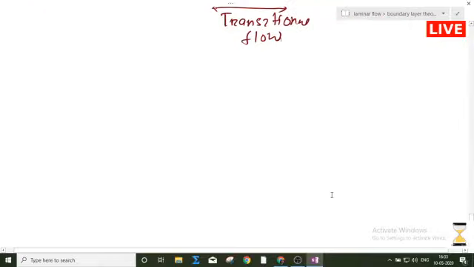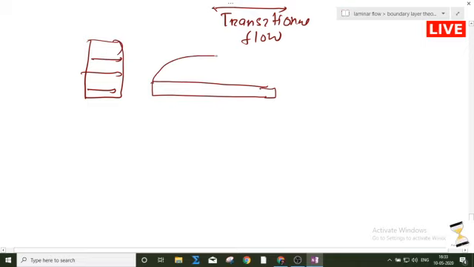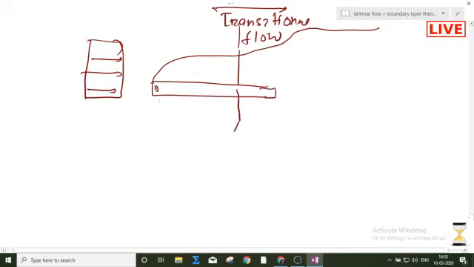So Prandtl told, if there is a solid surface of a plate, when the free stream comes in contact with this solid surface, the flow gradually changes. From the leading edge, this zone is called the laminar zone, the laminar flow.